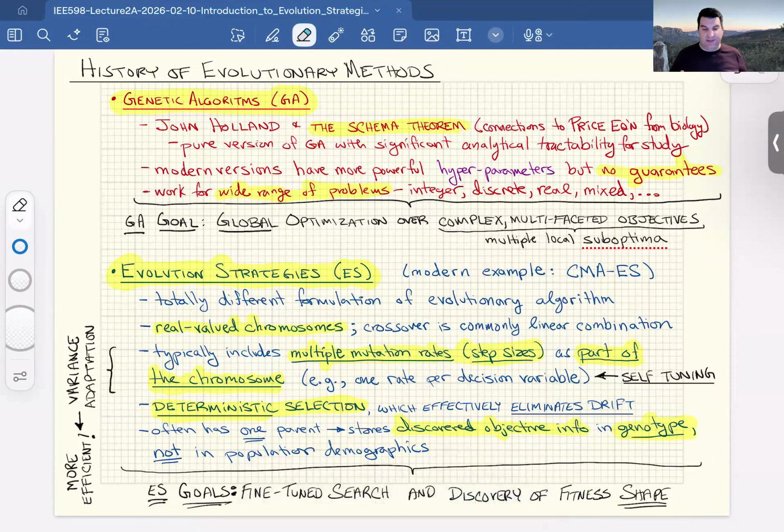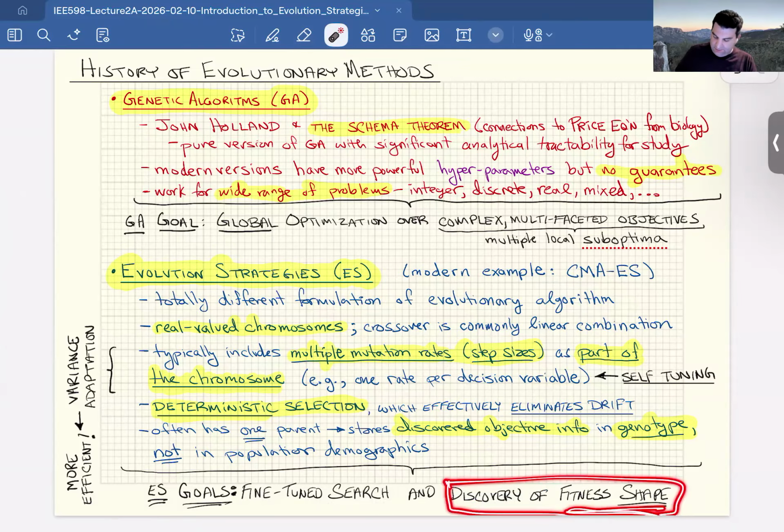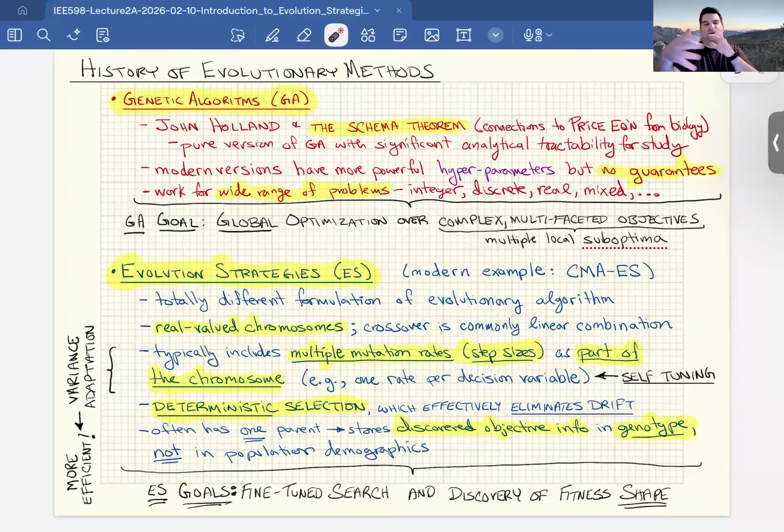So overall, to take all of that together, the goals for the evolution strategies are fine-tuned searches that are guided by discovered fitness shape. So you could say that the intermediate goal is to not only discover high fitness regions, but discover how those high fitness regions change over changes in the genotype. So it's discovering the kind of partial derivatives or the geometry of the fitness landscape.